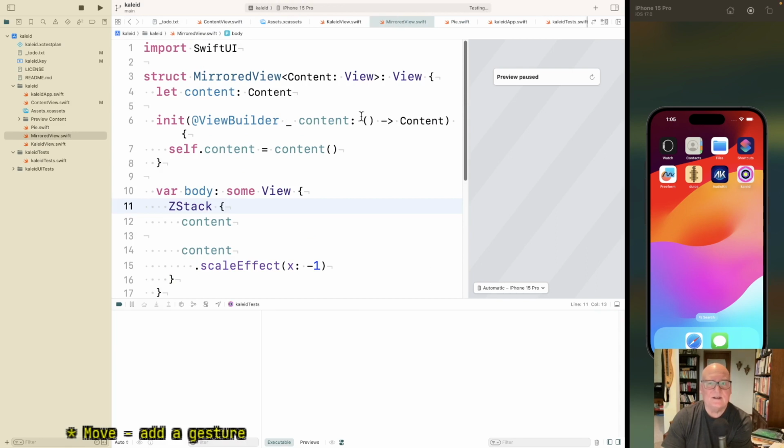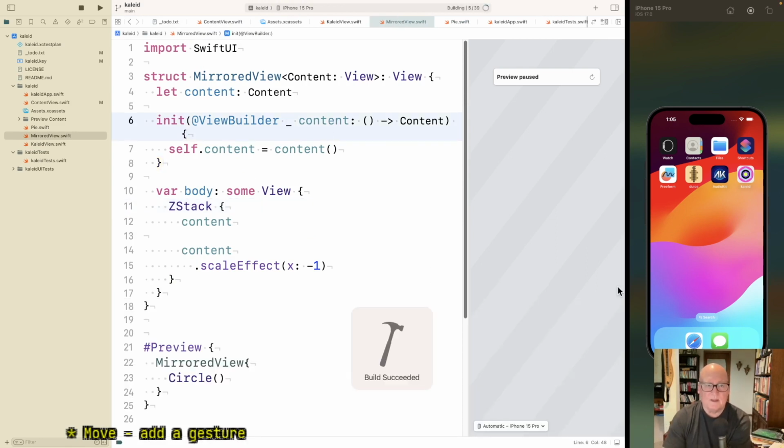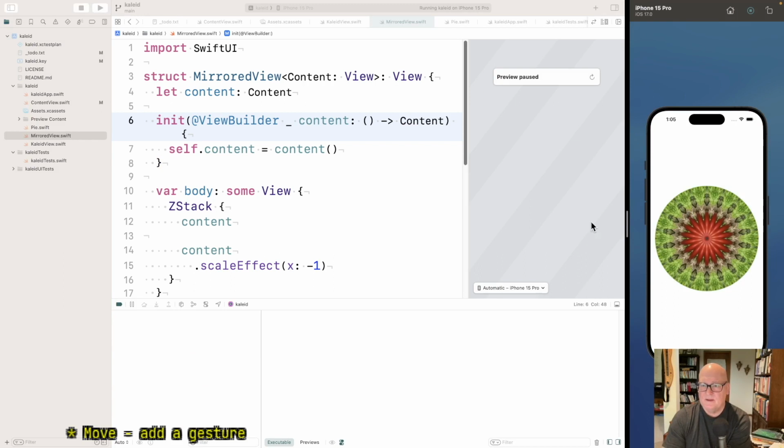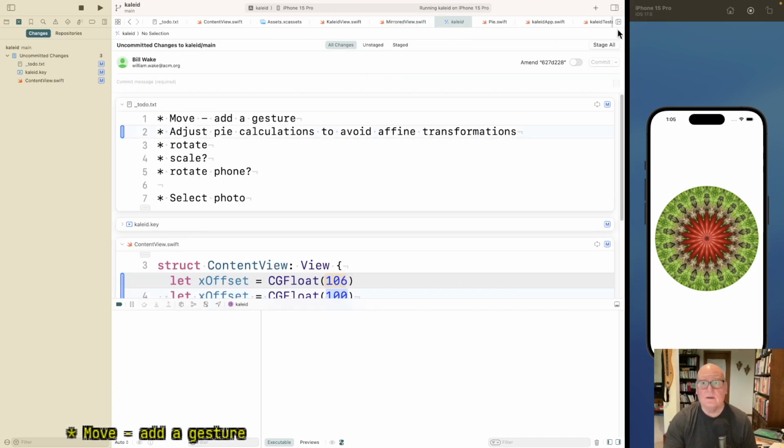All right. But we can run. Just want to get checked in before we get going. Okay, yeah, there's our 36 offset a little bit. All right. So we'll commit that, stage all. Tweak the offset.